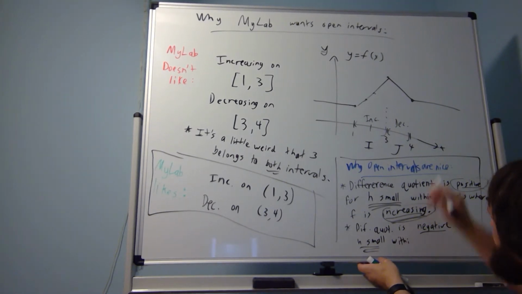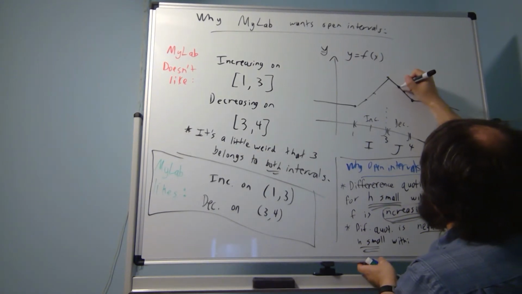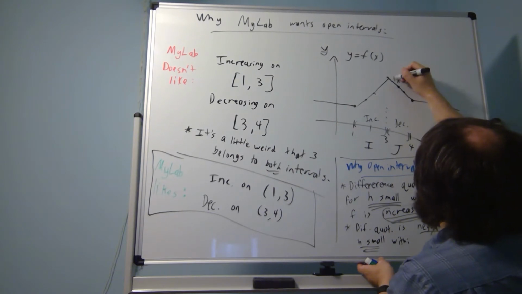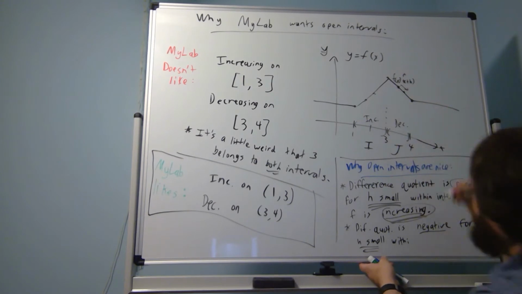And if you're in the second interval, if the function is decreasing, that's the same as you take an x, then an x plus h, you apply f to both of those things, and you get negative slope.